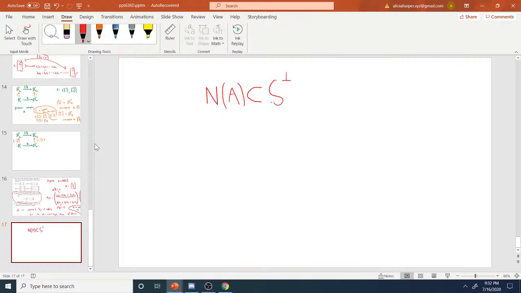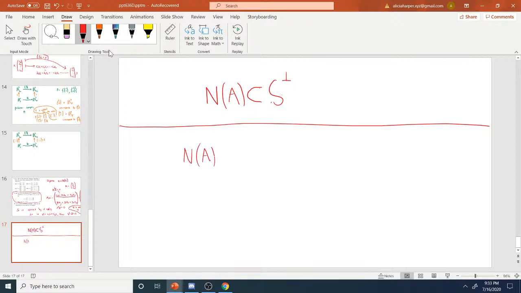So I want to prove that the null space of A is equal to this. I've proved containment in one direction, but I can prove the rest by appealing to some fairly general results. The result I'm going to use is that the null space of A is equal to the orthogonal complement of the row space of A, the column space of A transpose.